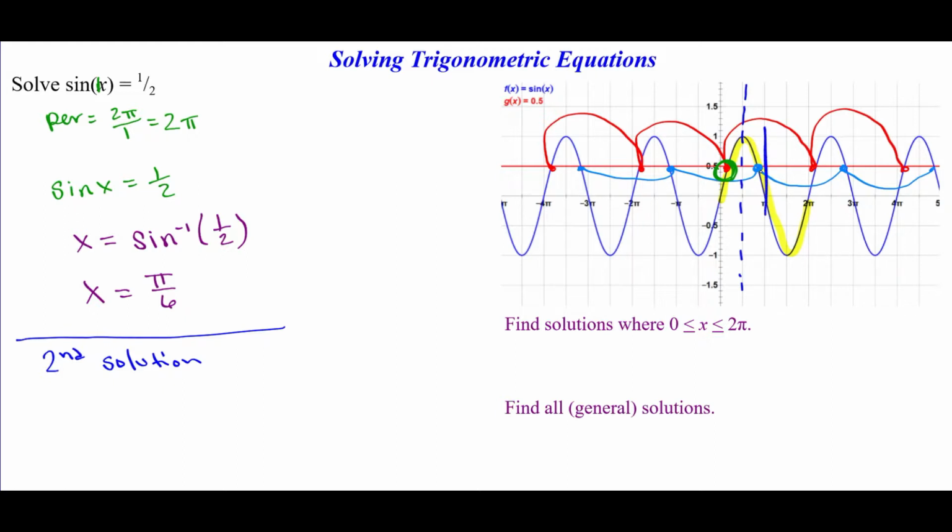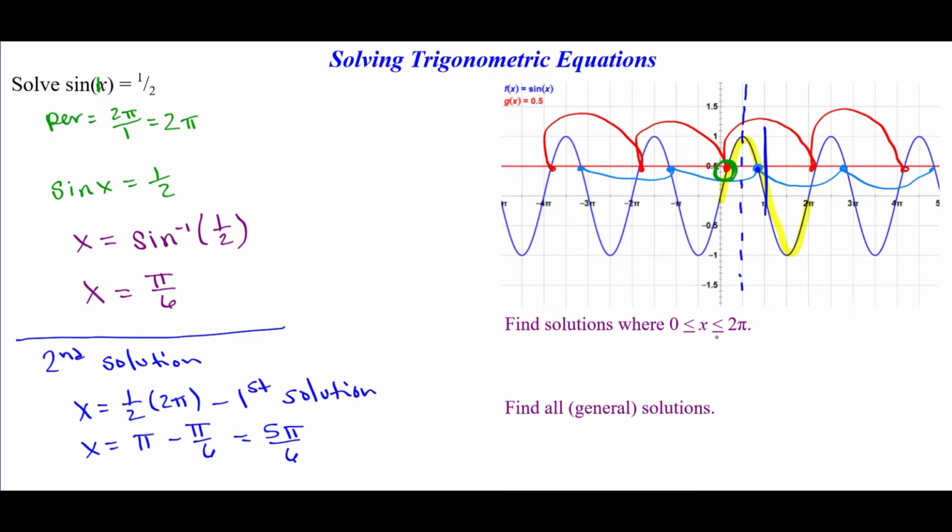To find that second solution using a sine function, my second solution is 1/2 of my period minus my first solution, because the symmetry always comes at this halfway point. So x is pi minus pi over 6, which gives us 5 pi over 6. So this second solution right here is 5 pi over 6.